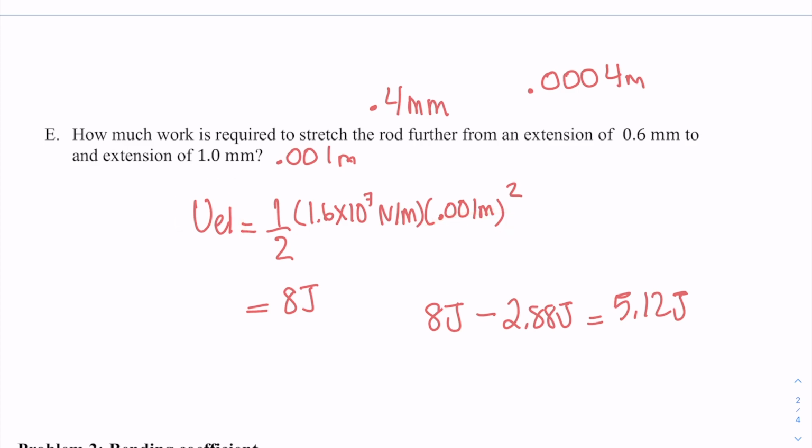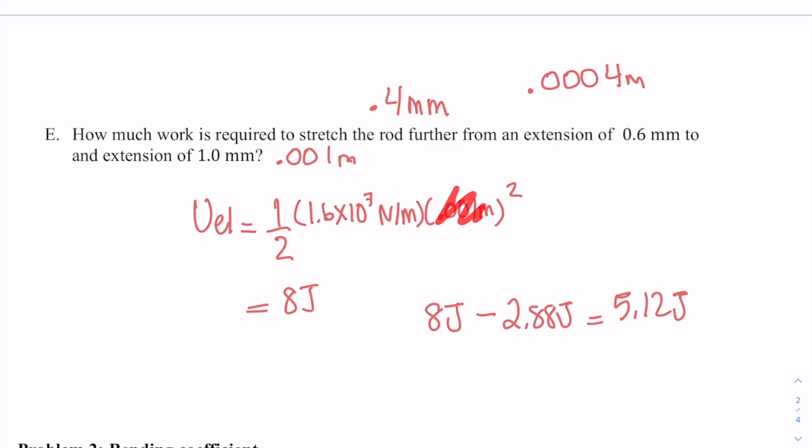However, we can take the energy at 1, the energy at 0.6, subtract the two, and find that amount of work you have to do, which is 5.12 joules that you have to add into the system to get it to that 8 joules. So I think that's the idea there for part E.